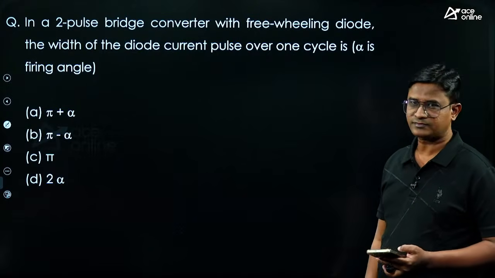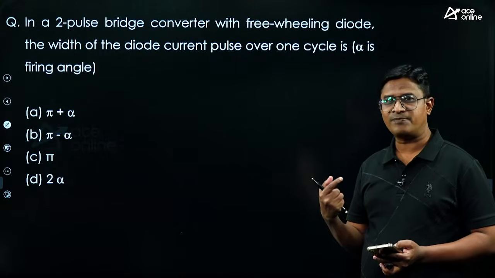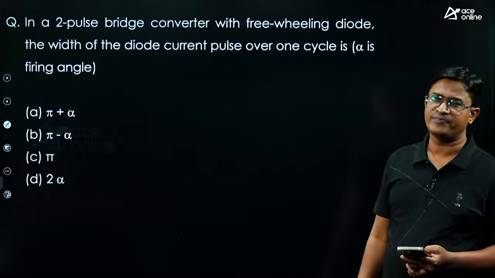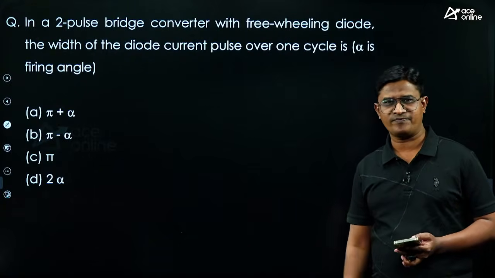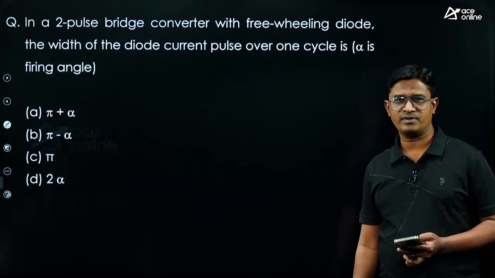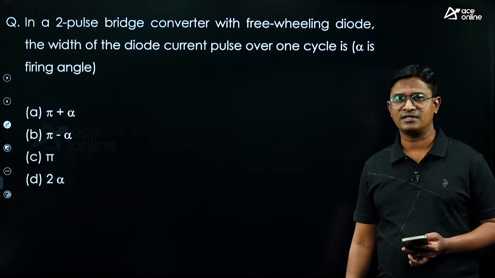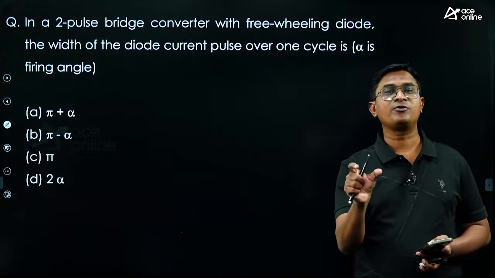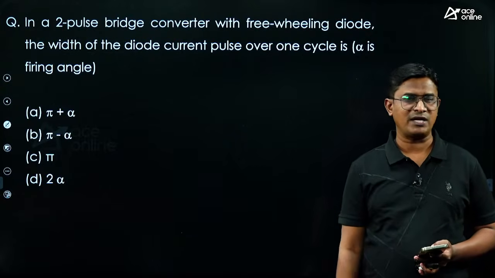Single phase full converter with freewheeling diode means the load is an RL load with a freewheeling diode. In one cycle of supply, for how much angle does my freewheeling diode conduct? Recall the circuit operation. The freewheeling diode will conduct during 0 to alpha, pi to pi plus alpha, 2 pi to 2 pi plus alpha, 3 pi to 3 pi plus alpha, and so on.